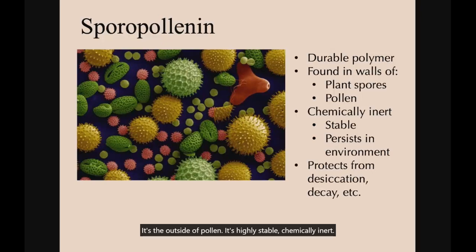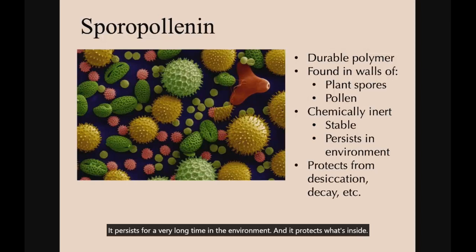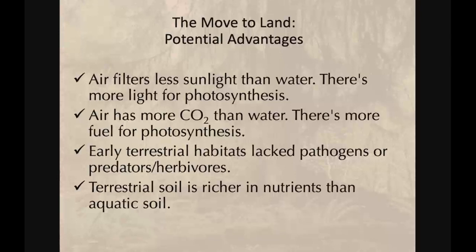It's highly stable, chemically inert. It persists for a very long time in the environment. And it protects what's inside, pollen, for example, or spore, from desiccation. This is how you spell desiccation, by the way, one S and two C's. From decay, from attack by bacteria, from attack by viruses, from attack by molds, etc.